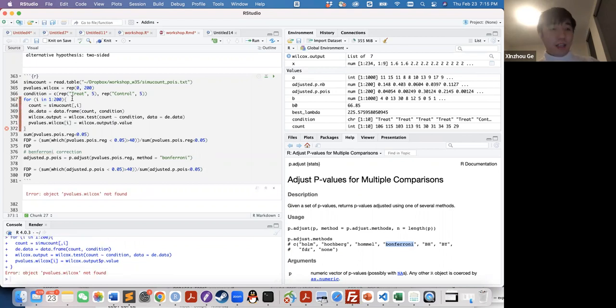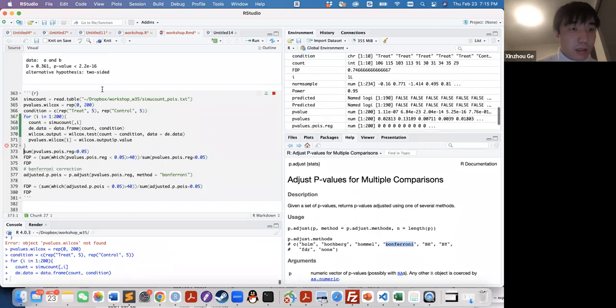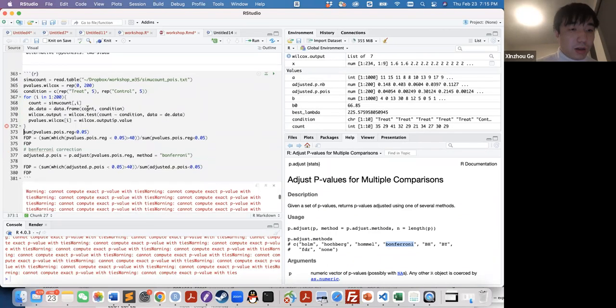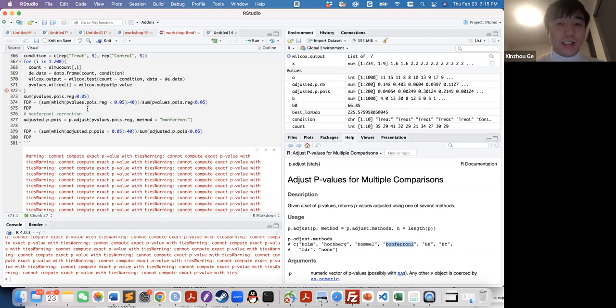We can see a lot of warnings because these tests will give some warnings when we have ties in the numbers, but it's okay. It will still calculate the p-value even when we have ties.